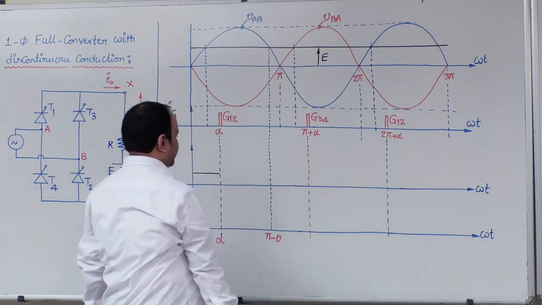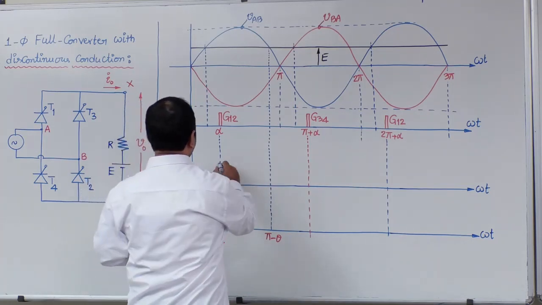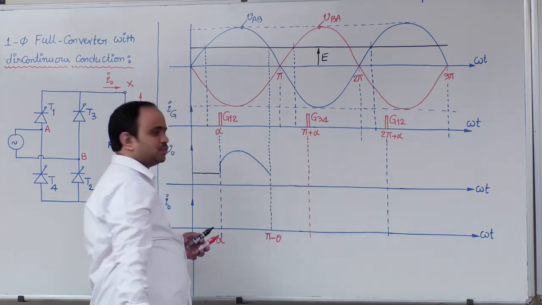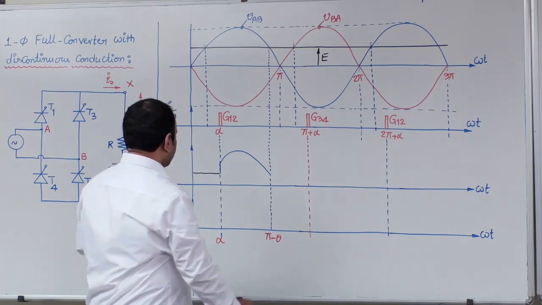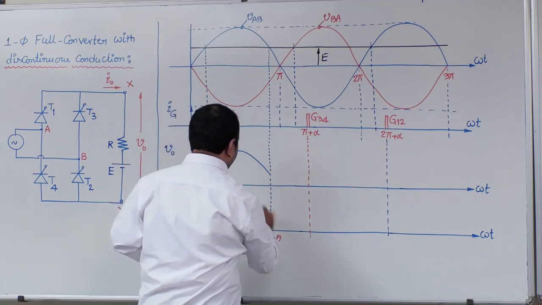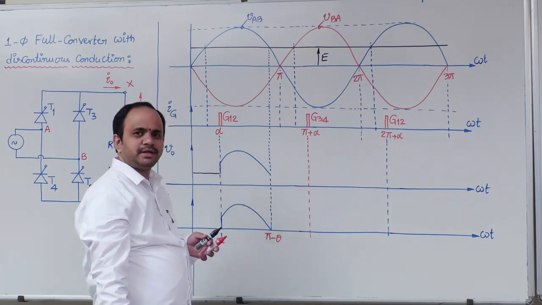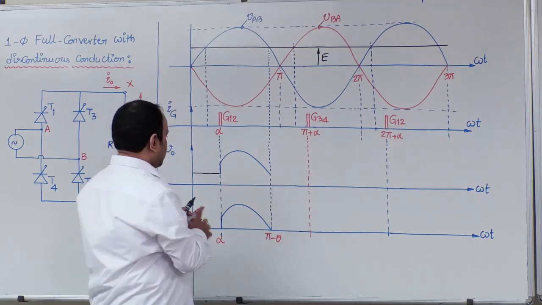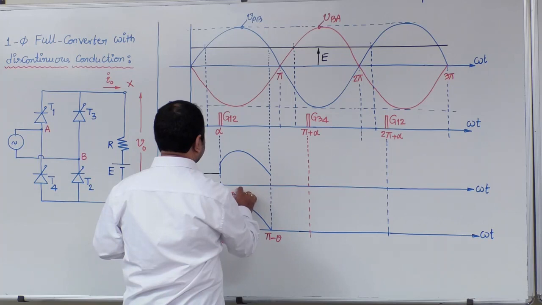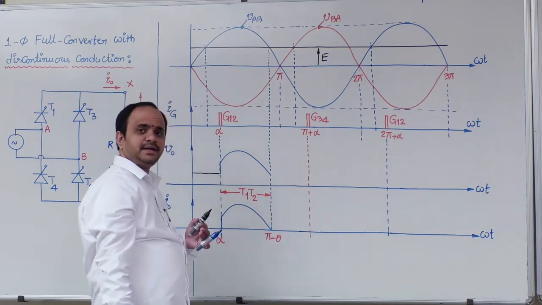From alpha to pi minus theta, the T1 T2 pair is in conduction. In that interval, the output voltage will be the same as the source voltage, VAB. The I naught waveform will follow the V naught waveform in such a way that I naught reaches 0 at omega t equal to pi minus theta. So in this interval, the conducting devices are T1 and T2.